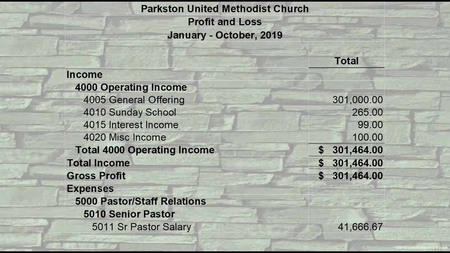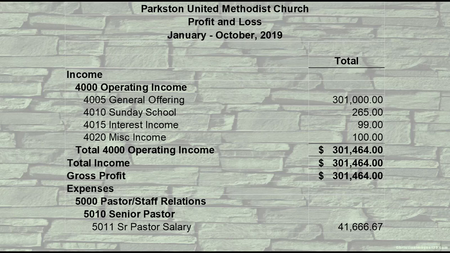So starting off here, this is the full detail version. I'm not even going to go through all the slides of this one, because this would be like four pages of detail for your profit and loss or statement of activities or budget report or whatever you call it. But this would be all the detail.